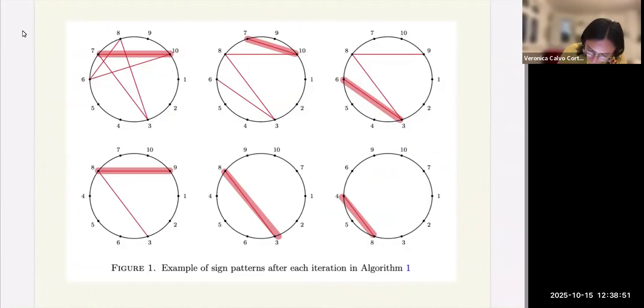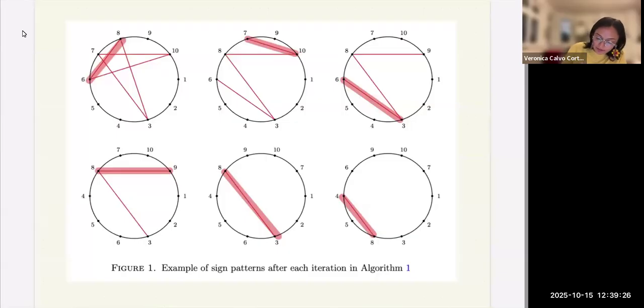Oh, and I realized I marked the wrong thing. So it starts, and the shortest negative chord is this one right here. You see that this only has one vertex on this side, and so technically we will call this a length 2 chord because it has 1 and 2.